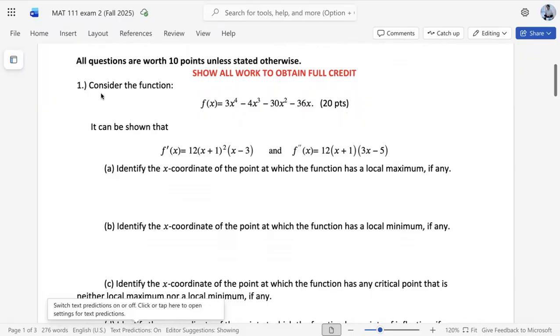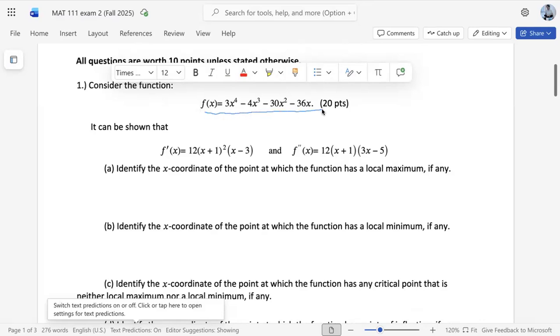The first question is saying, consider this given function, a polynomial of degree 4, right? So its first derivative is a polynomial of degree 3. You see this is raised by square, this is raised by 1, 2 plus 1, that's raised by 3. So 1 degree down.